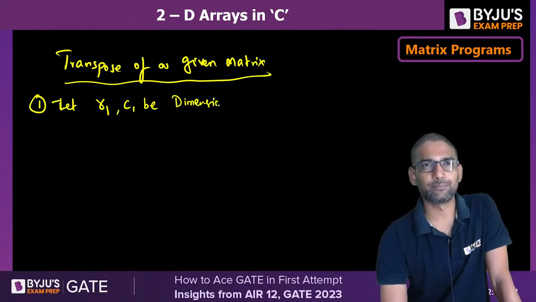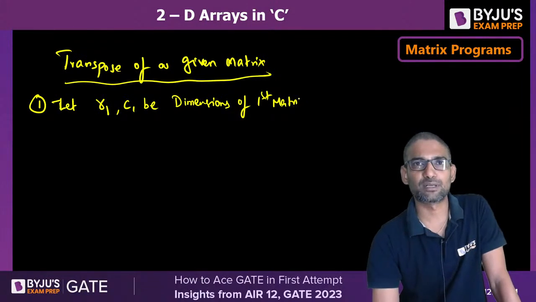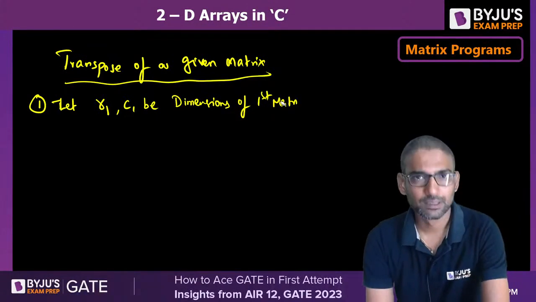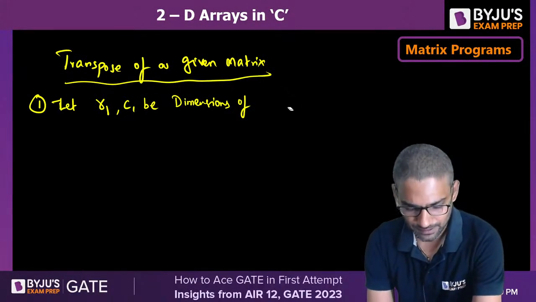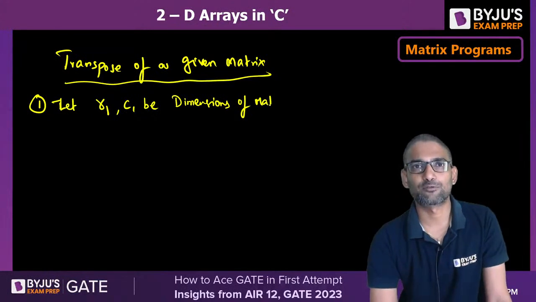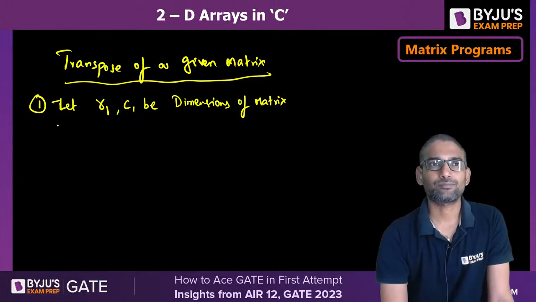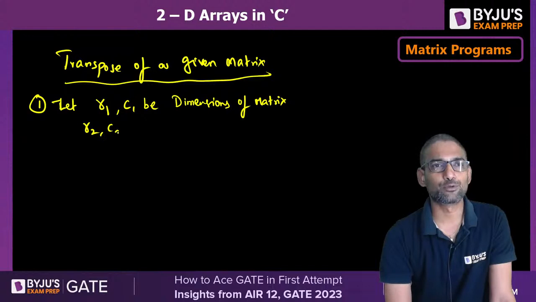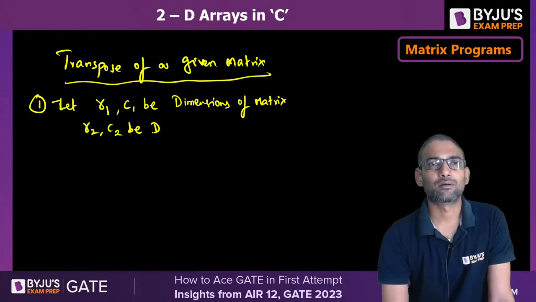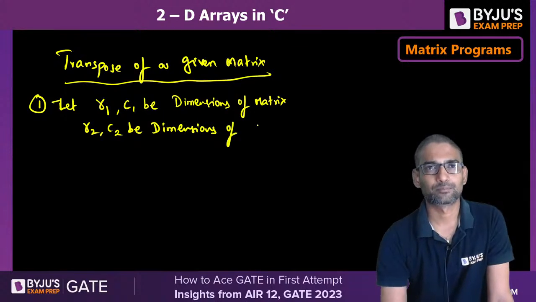So declare them. Instead of saying first, let me say dimensions of the matrix. Let R2, C2 be the dimensions of the transpose matrix. Isn't it?